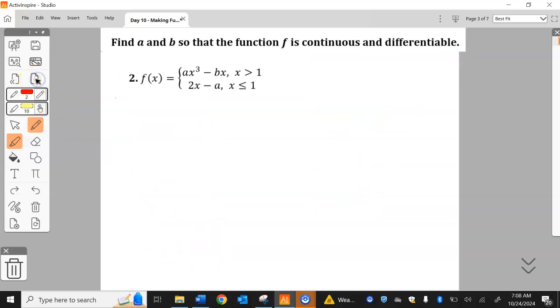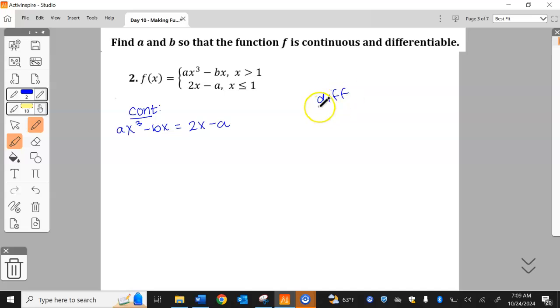Now let's look at another one where we're going to have to use a system to solve the equation. So again, to make it continuous, I'm going to set the two functions equal to each other. So ax cubed minus bx is going to equal 2x minus a.